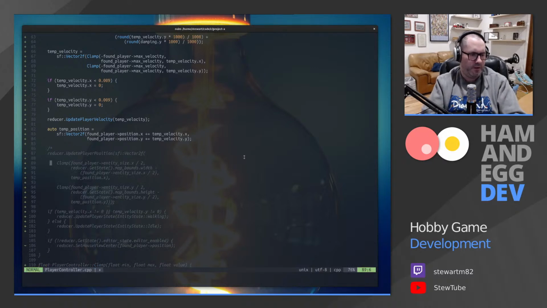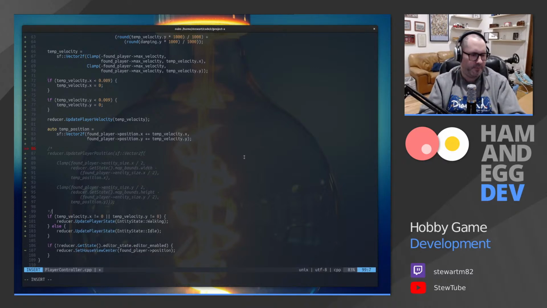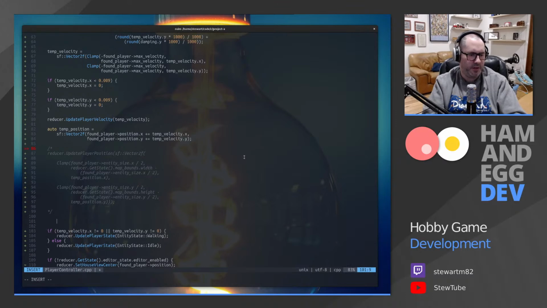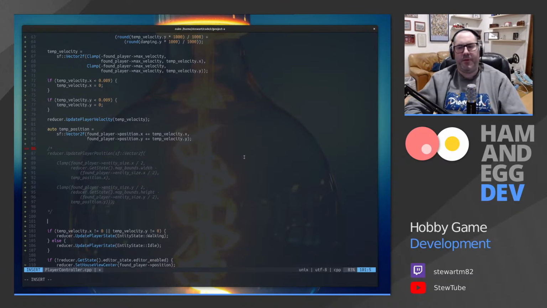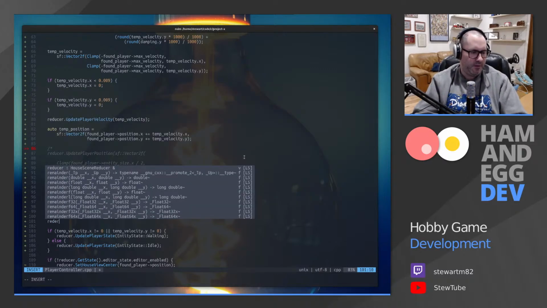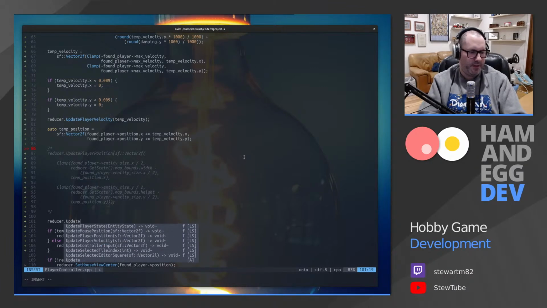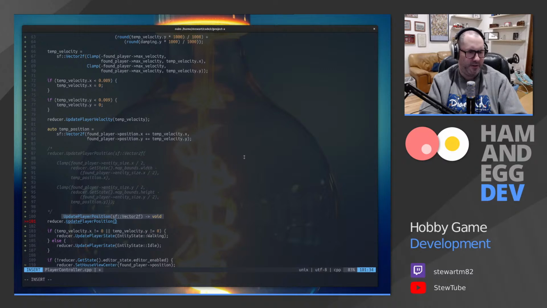I might just ignore this clamp for now, because we could probably survive without it, because that won't even be the final calculation for that. It'll be something else. So reducer update player position, that'll have things to do with rooms and stuff like that. So yeah, that final calculation there is not right. It's plain and simple.